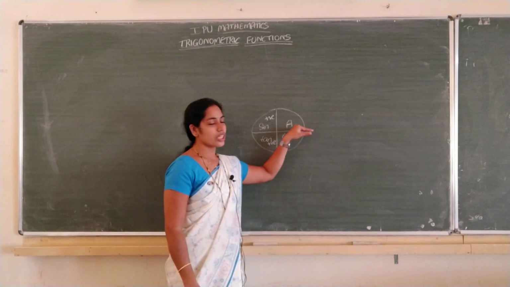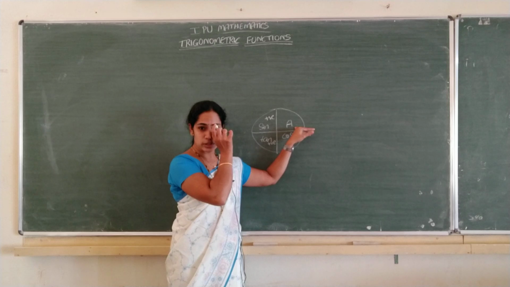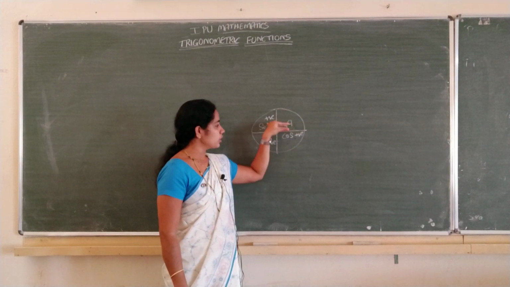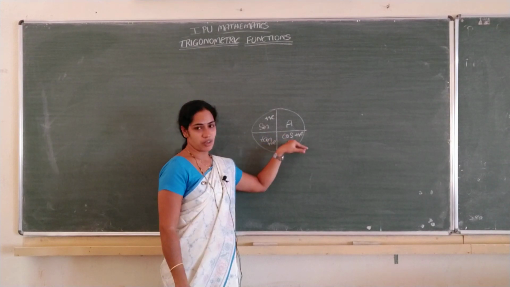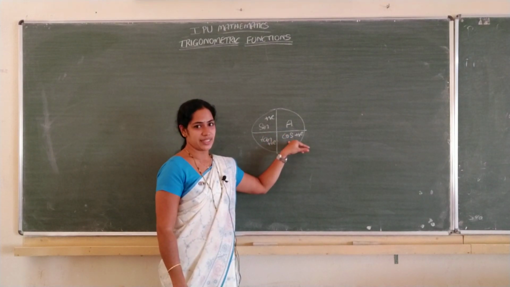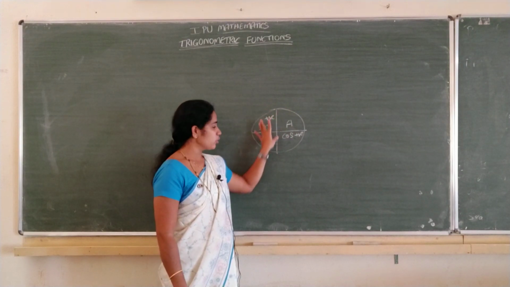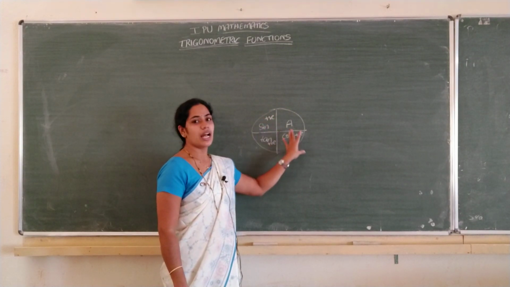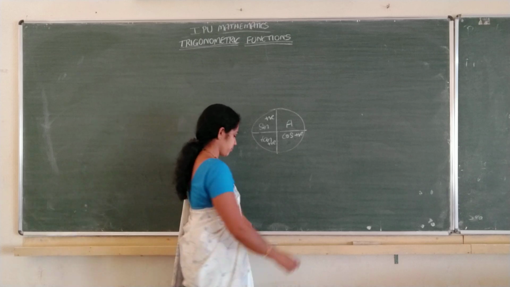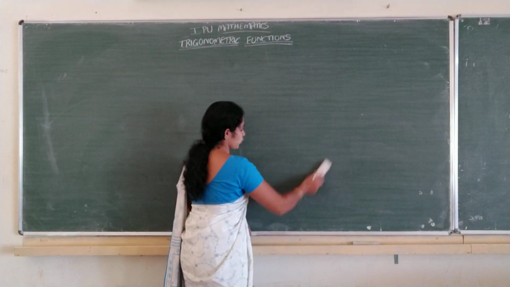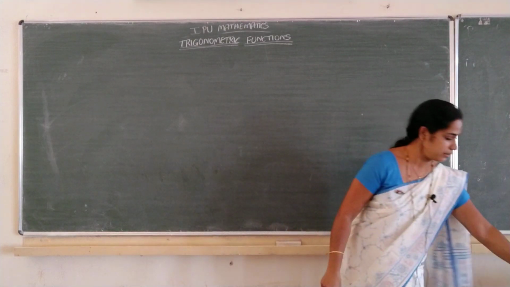Here, how can we remember? That also, I told in the last class, all students take coffee. We can remember like that, okay? All are positive, sine is positive, tan is positive and cos is positive. Okay, with this basic, we will do some problems today.